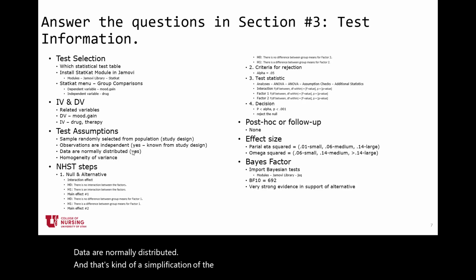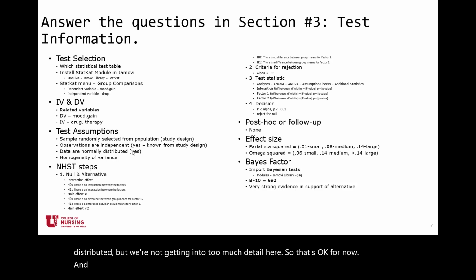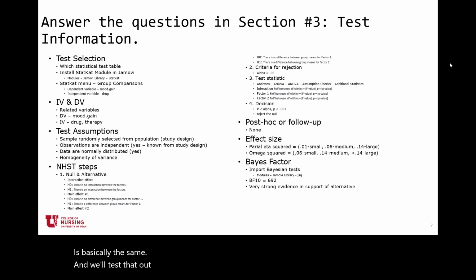In reality, it's the residuals that are normally distributed, but we're not getting into too much detail here, so that's okay for now. And homogeneity of variance, which means that the variability in our different groups is basically the same, and we'll test that out.